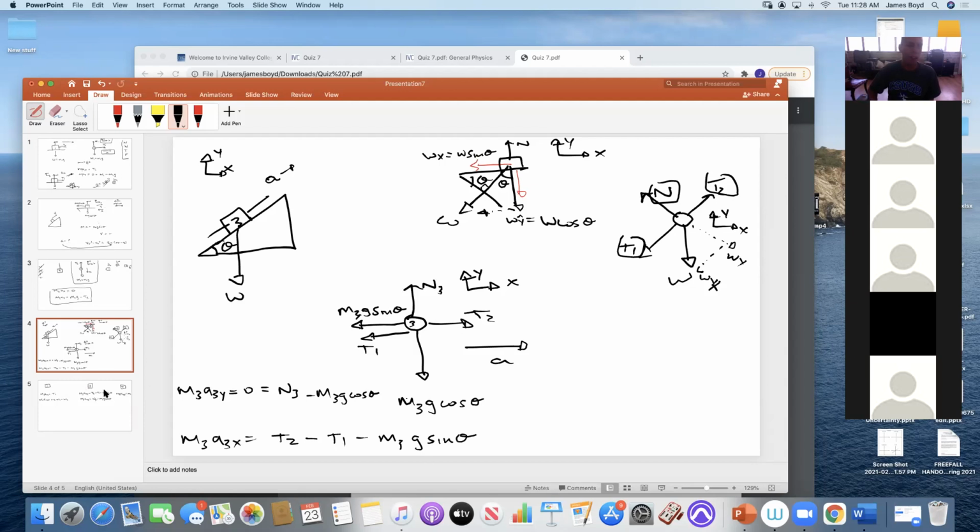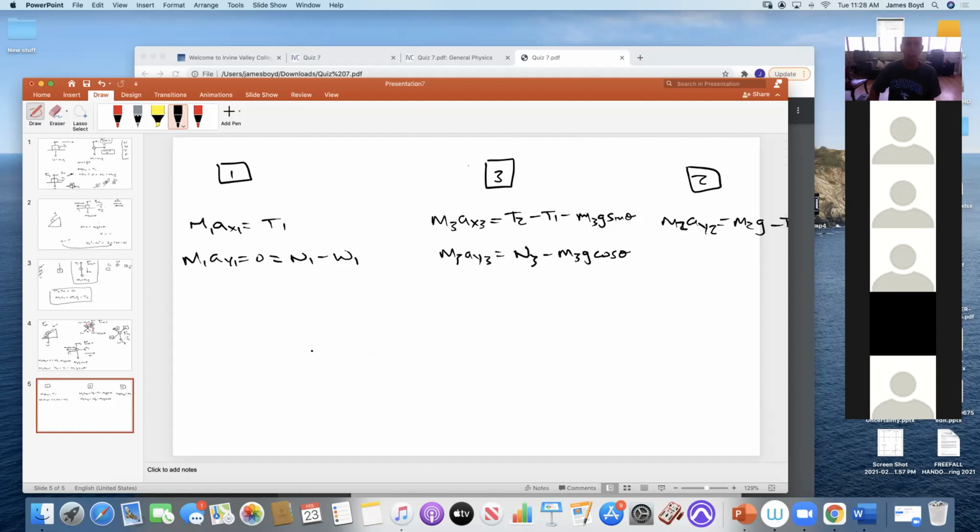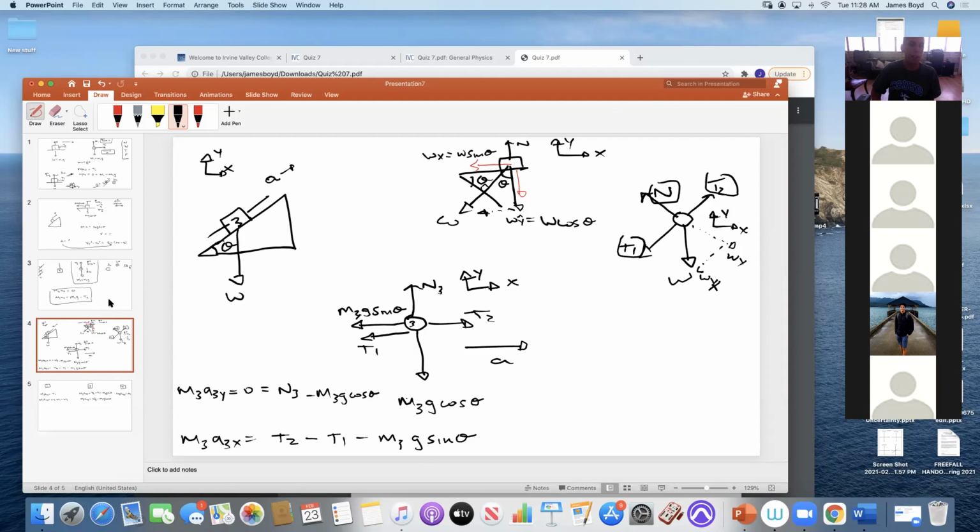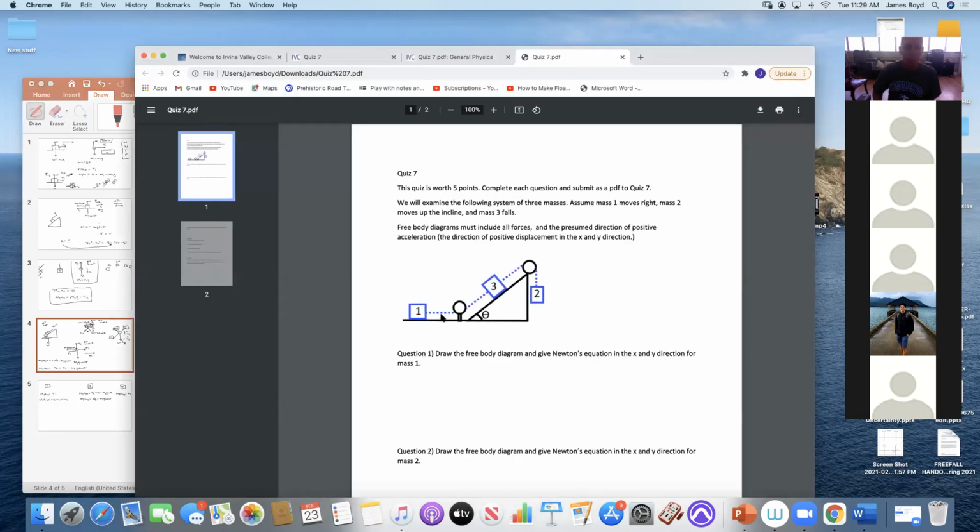So I want these free body diagrams. Professor, could you go back really quickly to that slide? I was wondering for the bottom equation, T2 minus T1, since the tensions you're saying in theory are equal, wouldn't they equal 0? No, those tensions are not equal. The tensions between 1 and 3 are equal, and the tensions between 2 and 3 are equal.